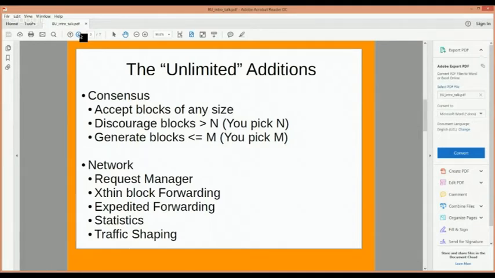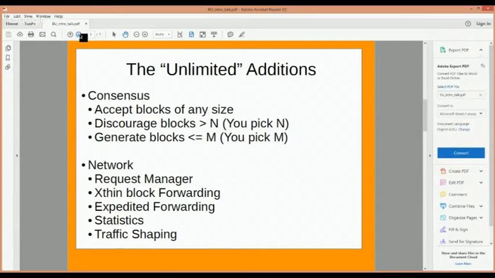Okay. And then if you're a miner and you generate blocks, you can actually pick the size that you want to generate. For example, the default Bitcoin client will accept blocks up to, I think, 16 megabytes, and it will only generate blocks at 1 megabyte though.